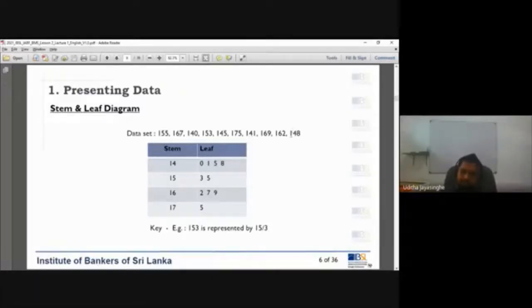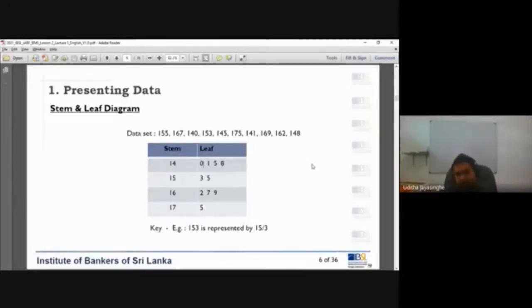Now all these items have this 140 in front. So the stem will consist of 1, 4 in that case. And the leaf is going to tell you the last digit of a particular number. Let's say this is 1431. Then 1, 4, 3 is going to be your stem and 1 is going to be your leaf. Leaf always represents the last number.